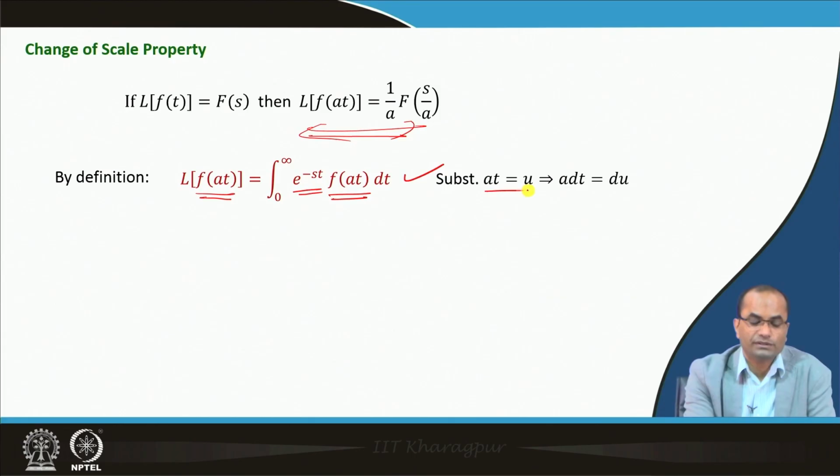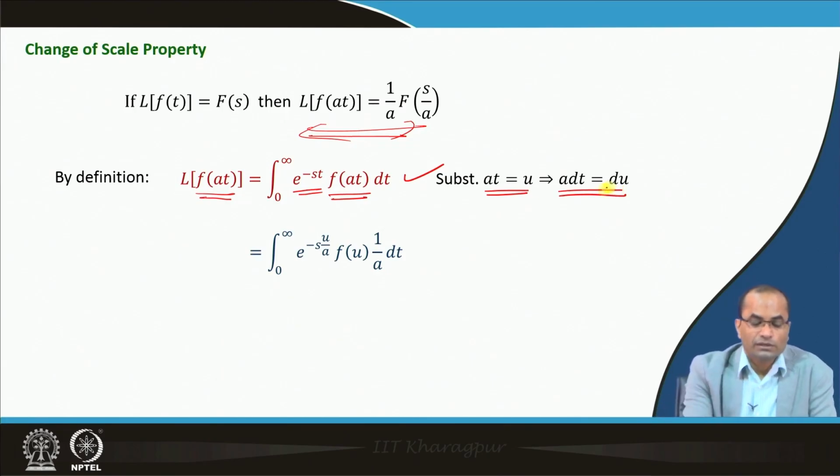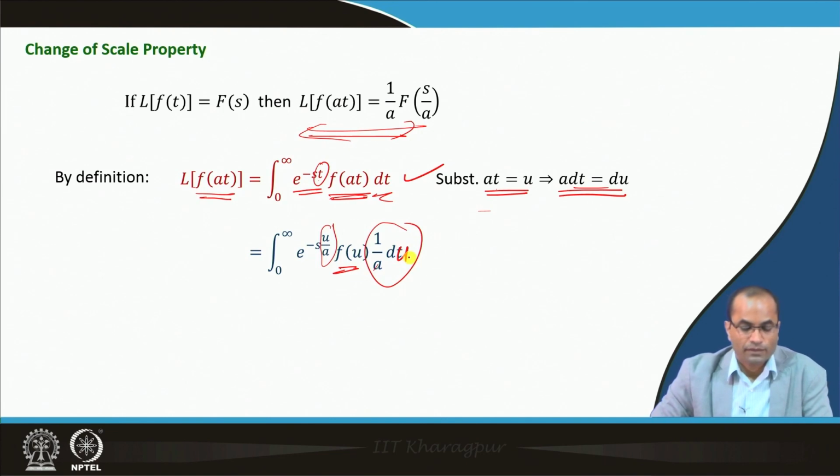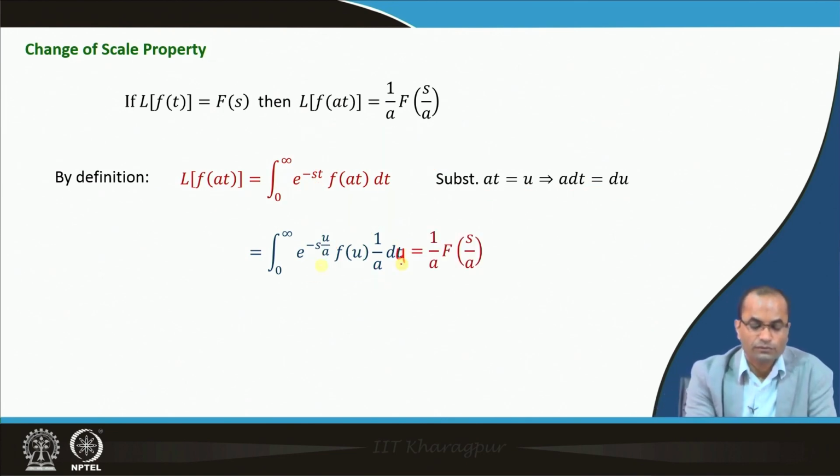If we substitute at = u, that means a dt = du, so t is replaced by u/a, we have f(u), and dt will be du/a.